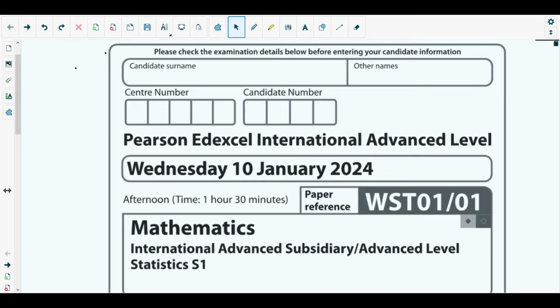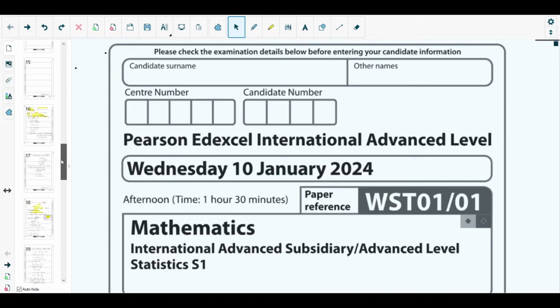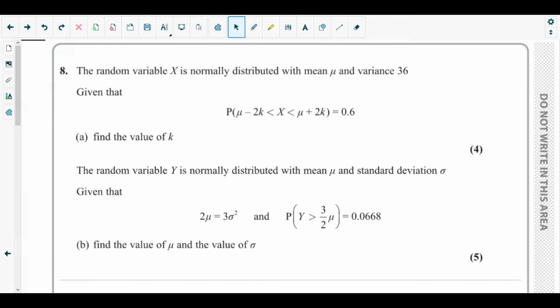So in this video, we will be solving question number 8, the last question from the Statistics 1 January 2024 paper. Let's see what the last question of this paper is about. The concepts behind question number 8 are very specific, specifically from normal distribution, the last chapter of your Statistics 1 book.